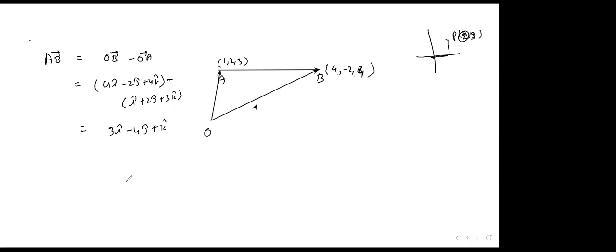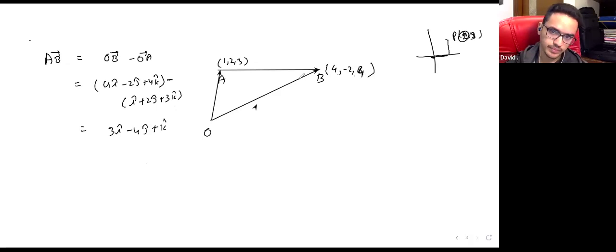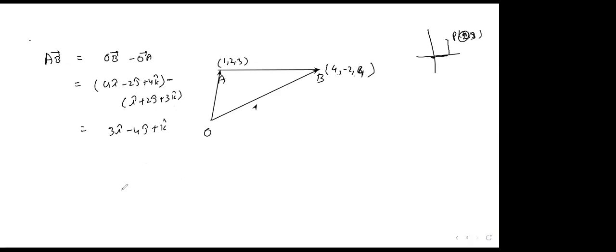To help you remember how to find a vector if the position vectors or coordinates are given: if we need to find AB vector, remember B minus A. Suppose we need to find PQ vector, where the position vector of P is (2, 1, -3) and the position vector of Q is (-3, 2, 1).